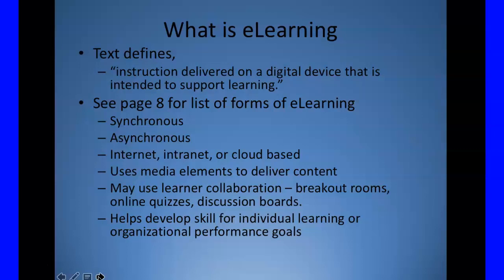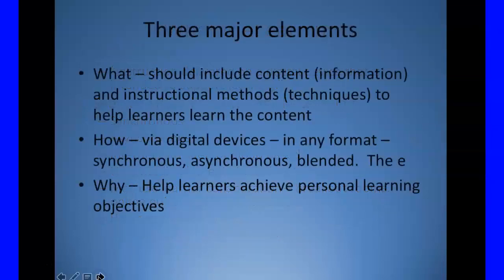E-learning, especially today, uses a lot of media elements. It can also use learner collaboration, where a synchronous class might have breakout rooms, or asynchronous may use online quizzes or discussion boards. But basically, e-learning is to help develop a skill for individual learning or organizational performance goals.